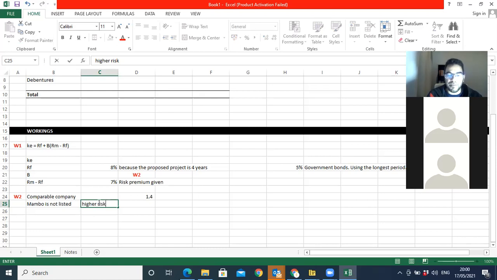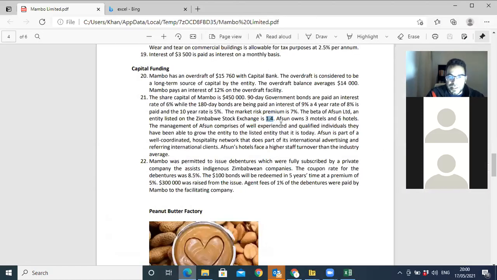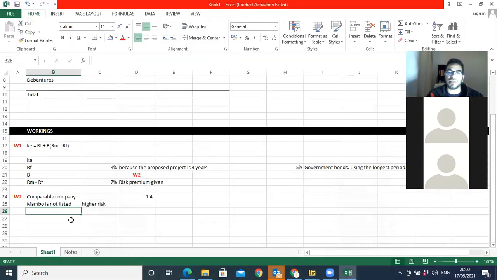Now we put in some more things. Mambo is not listed, that's the first thing. Here, FSUN owns 3 motels and 6 hotels. So this company has 3 motels and 6 hotels. How many motels and hotels does Mambo have? Mambo only has, well, they're only attempting to have the first one.